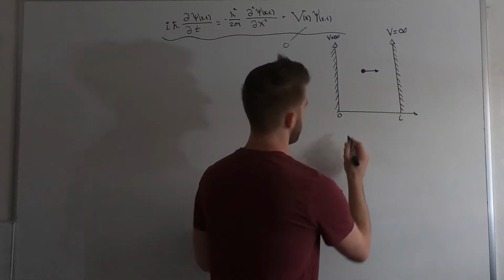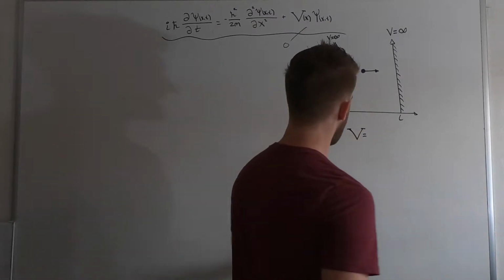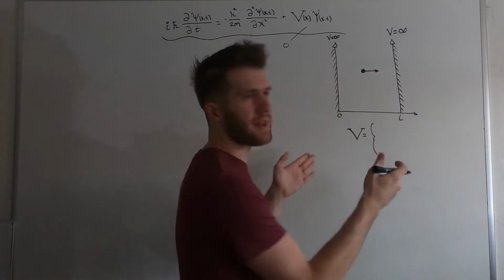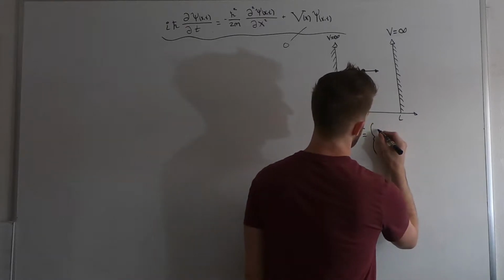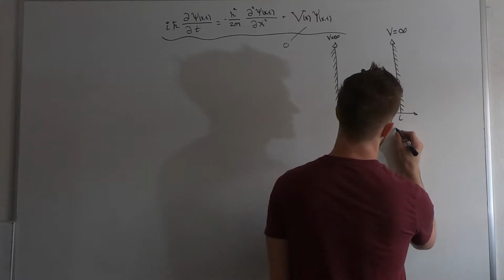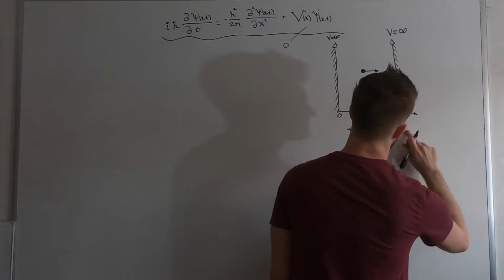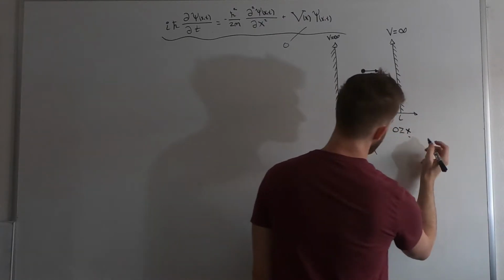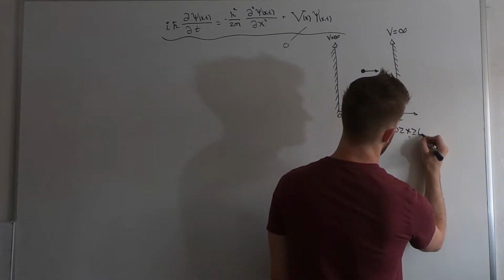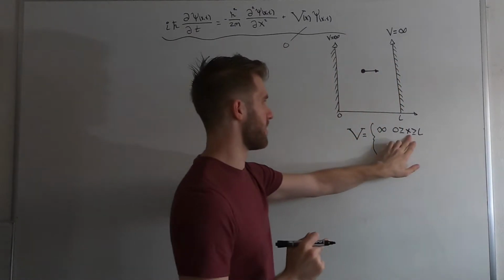And to do that, we are going to make a little bit of a caveat. So our potential, to keep the particle from permeating the walls, is going to be infinity whenever x is less than or equal to 0 and greater than or equal to L. So to keep the particle contained within these walls, this is our first boundary condition.